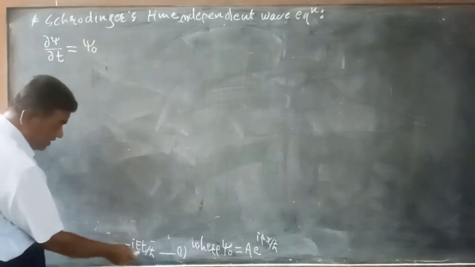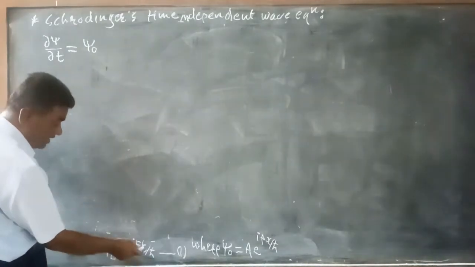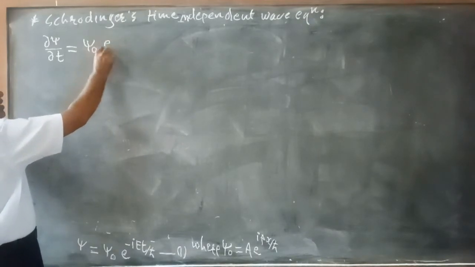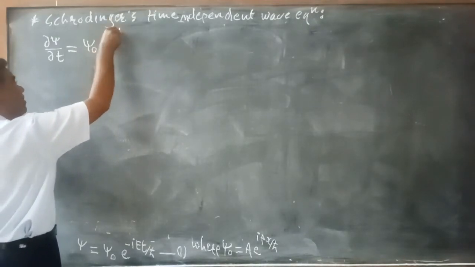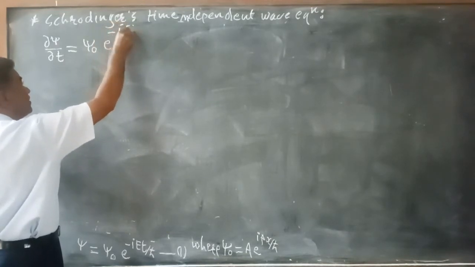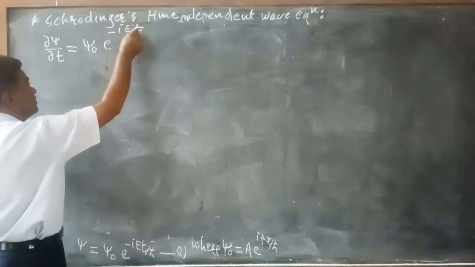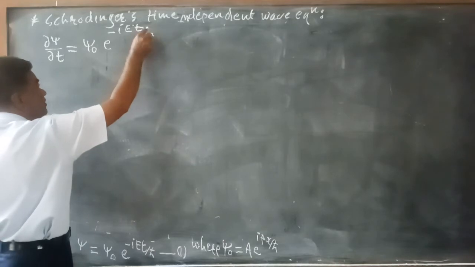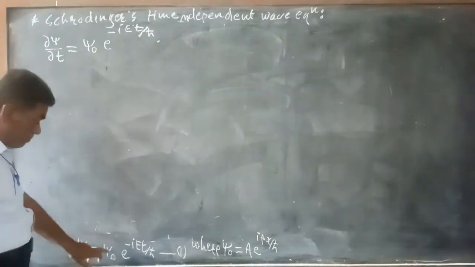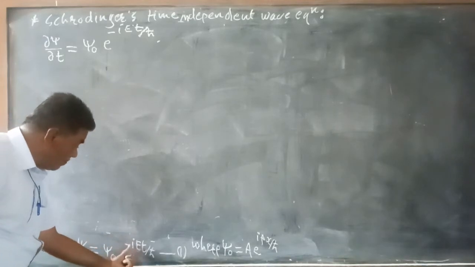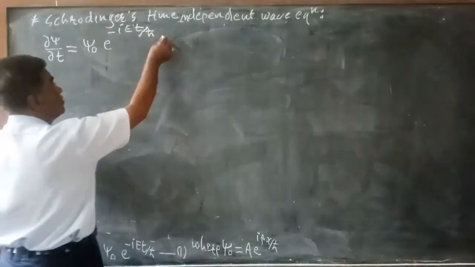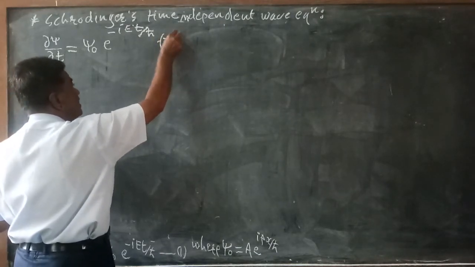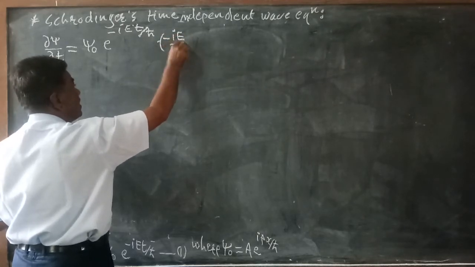into e to the power minus iEt divided by h cut, as it is, and then the differentiation of the power term, into the coefficient minus iE divided by h cut.